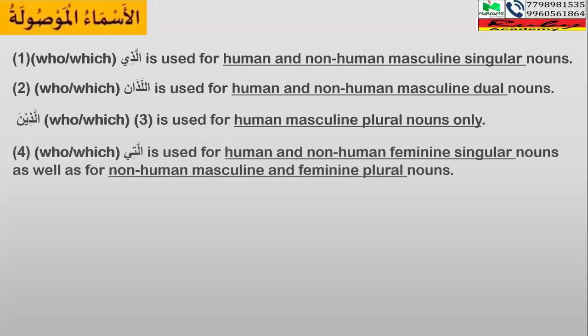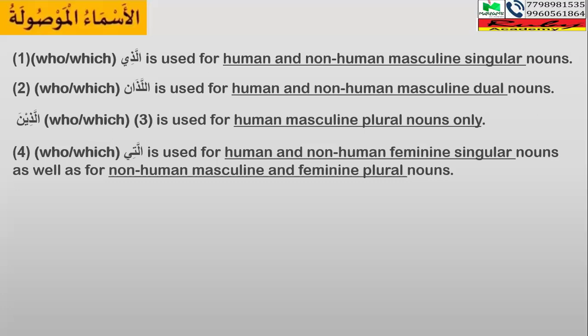Allati, yes, this is very important. The same rule we learned in demonstratives applies: singular feminine. So allati is used for human and non-human singular feminine nouns, and this is the common one, as well as for non-human masculine and feminine plural forms. Why?